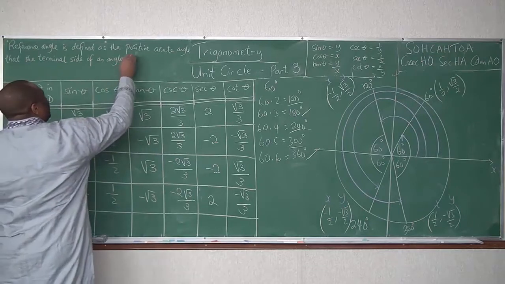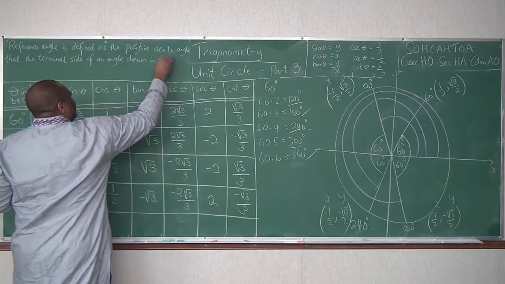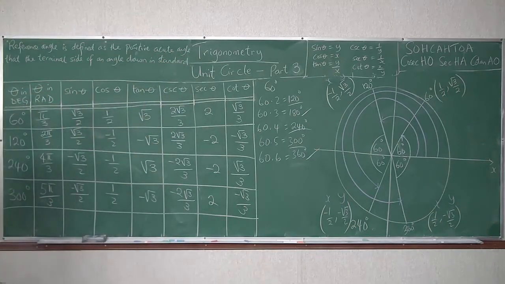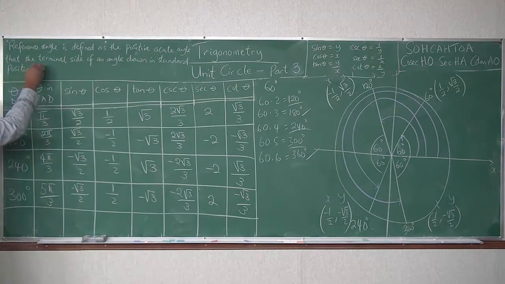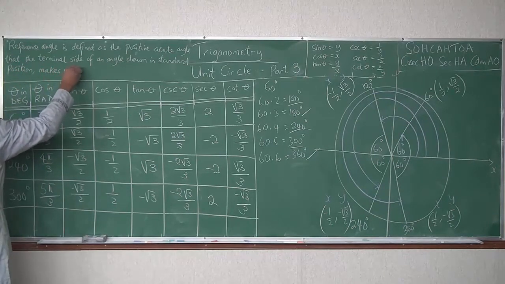Now the terminal side of an angle drawn in standard position, and this is just one form of definition. I mean, you could define it your own way. Drawn in standard position, comma, makes with the x-axis.